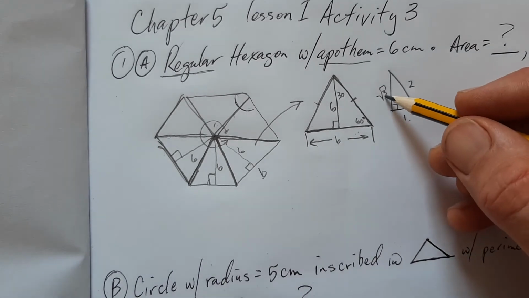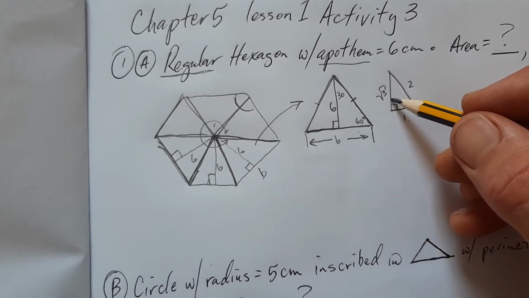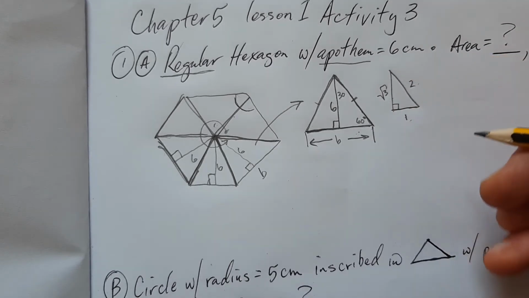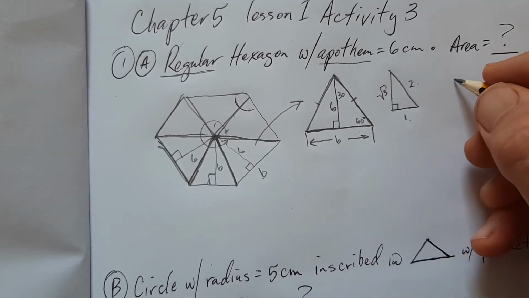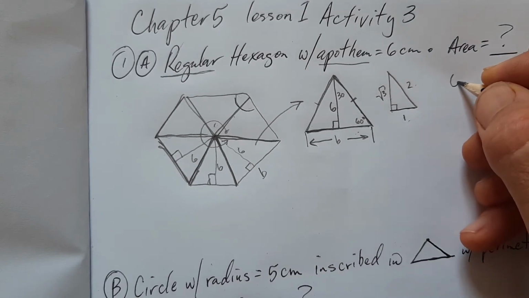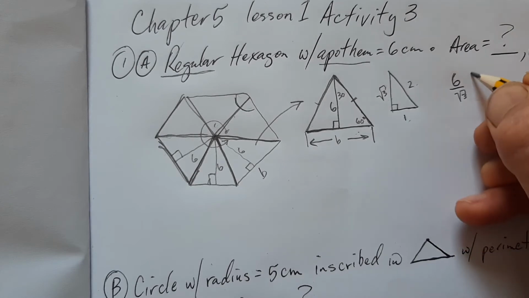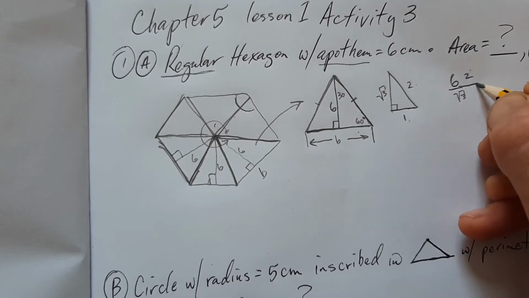So 6 divided by the square root of 3 multiplied by 2.